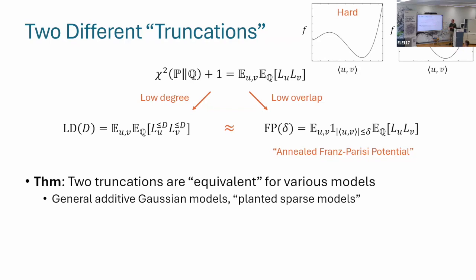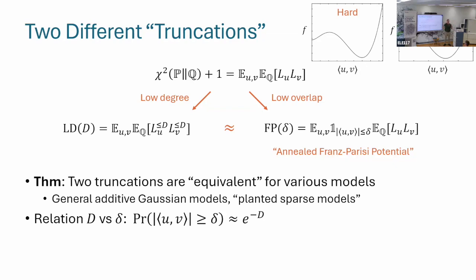Okay, so the formal theorem here is that those two ways of truncating are equivalent under various assumptions and for various types of models. We think of this d, the degree of polynomials here, as a proxy for runtime.